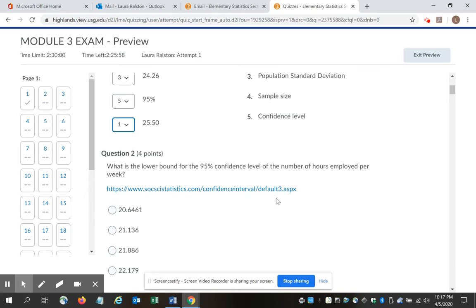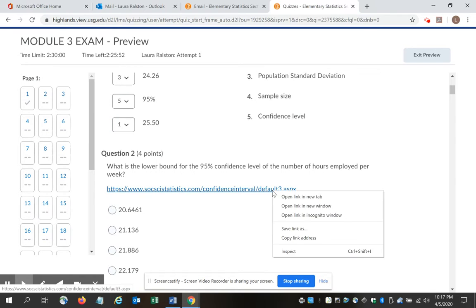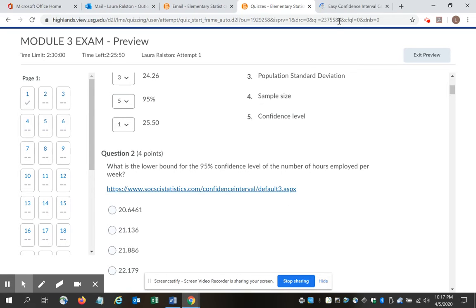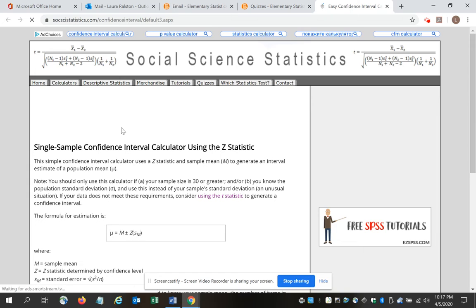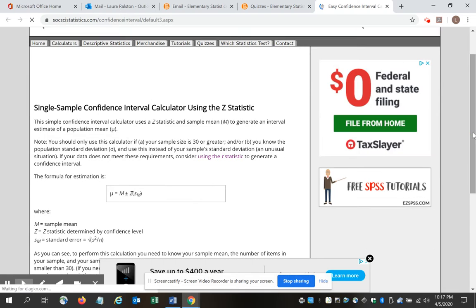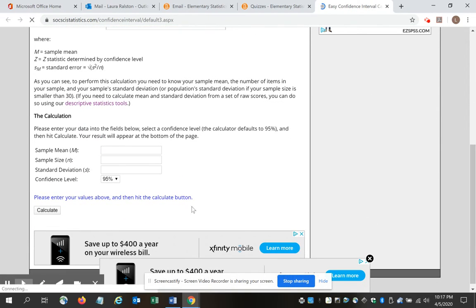I provided the link. You didn't even have to go into D2L to look for it. If you click on this link, and I'm going to open it in a new tab, it takes you to the confidence interval calculator for the Z statistic. So I'm going to scroll down.